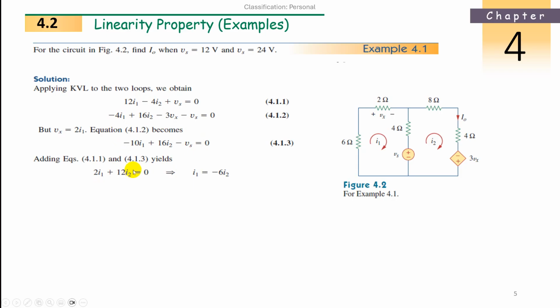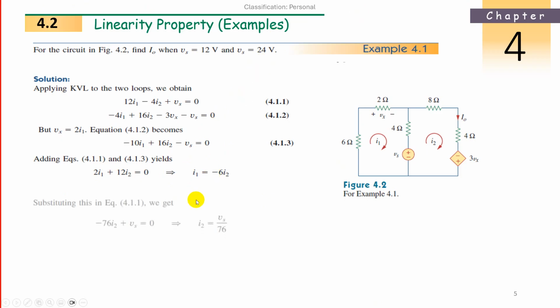So it will be equal to 0. Now 2 I1 is equal to minus 12 I2. We take this 12 I2 to that side. Then 2 and 12 cancel, that is divide. I1 is nothing but minus 6 I2, you will get. So minus 6 I2, you got the relationship.